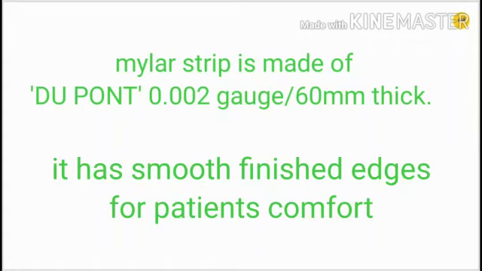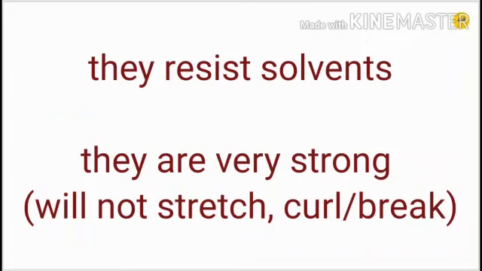The mylar strip is made of DuPont, that is 0.002 gauge, 60 mm of thickness. It has smooth finished edges for the patient's comfort. They resist the various solvents which are present in the oral cavity, and they are very strong, that is, it will not stretch, curl or break.